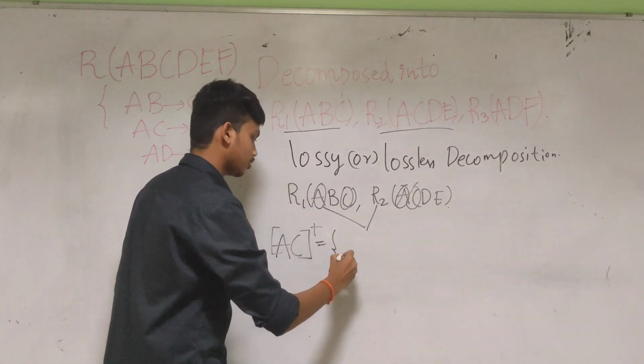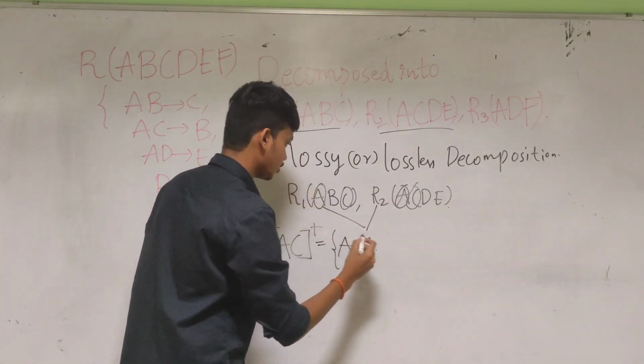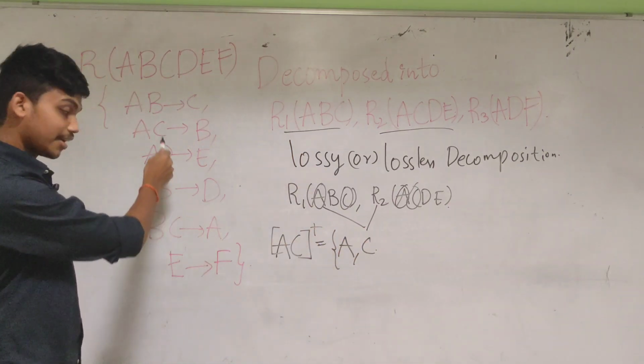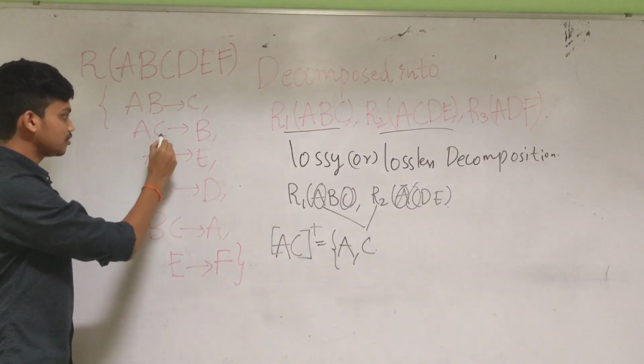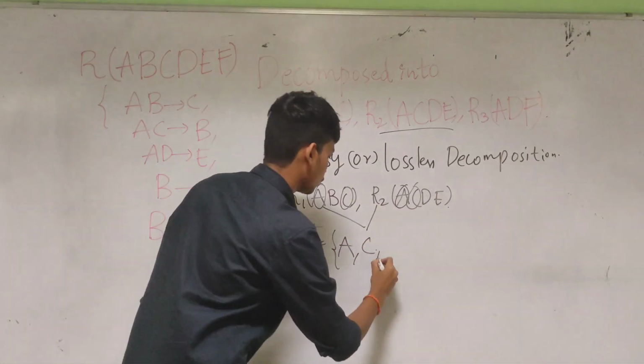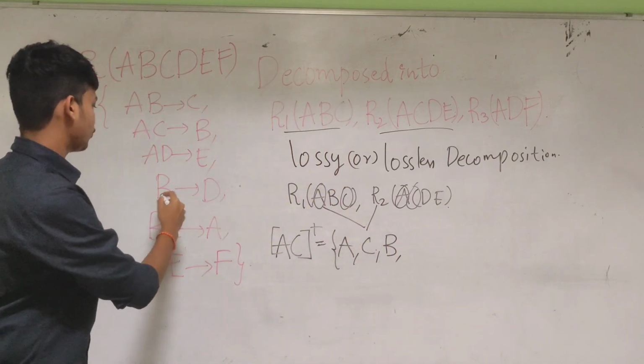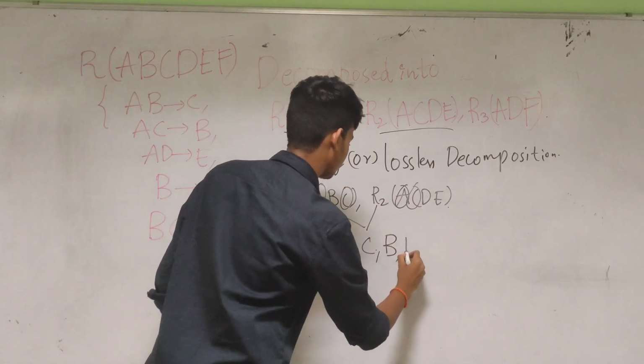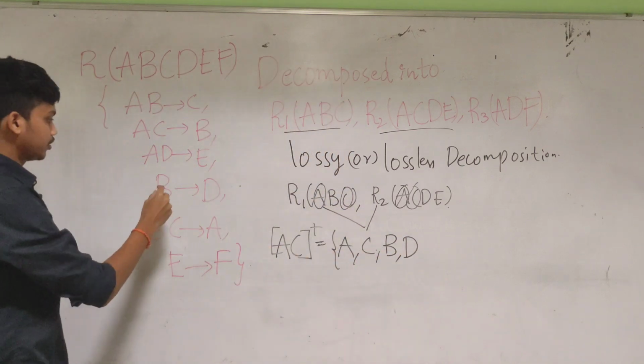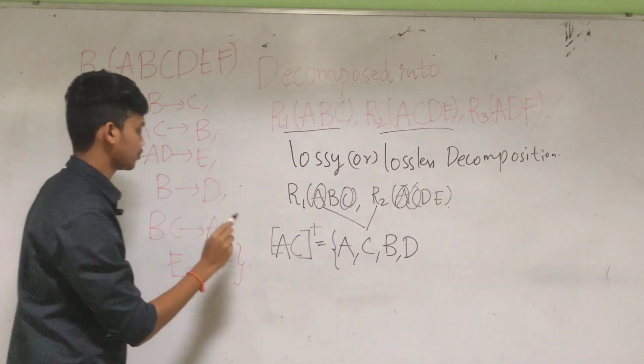Now I am checking it here. I am getting A, C. Now take a look at these functional dependencies. With AC we can get B, so I am writing B here. With B I can get D. With D I can get something.